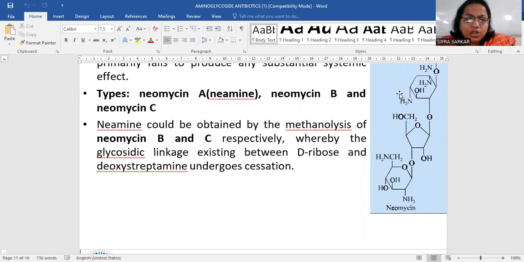Neamine could be obtained by the methanolysis of neomycin B and C respectively. That means neomycin B and C are different components, prepared by the methanolysis of this drug, whereby the glycosidic linkage existing between the D-ribose and deoxystreptamine undergoes cleavage.